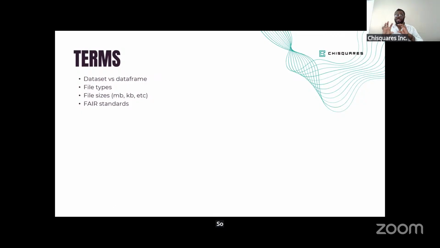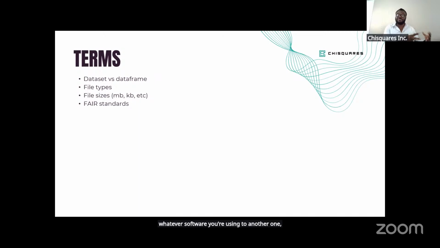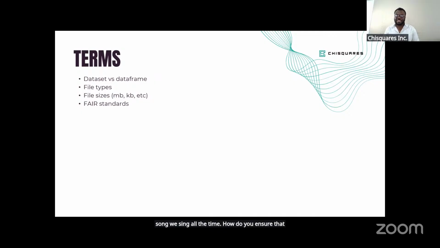So when you are renaming a variable, for example, you want to make sure that you rename it in such a way that it is FAIR aligned, that even if you export that data set from whatever software you're using to another one, it won't cause problems, right? So FAIR is a song we sing all the time. How do you ensure that whatever you're doing meets the principles of FAIR? Findable, accessible, interoperable, and reusable.